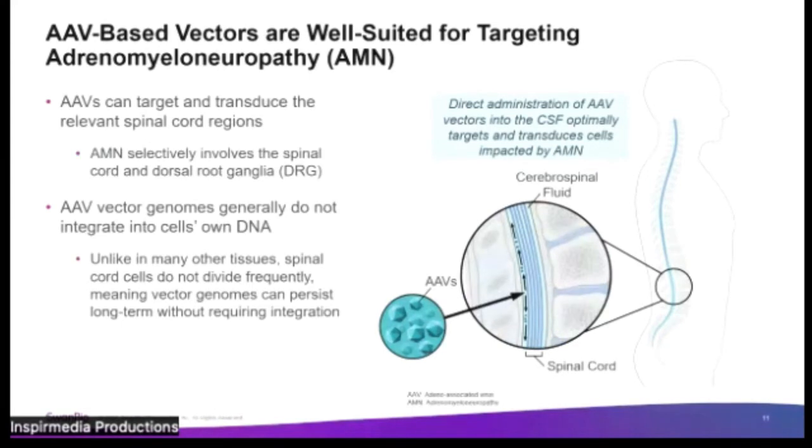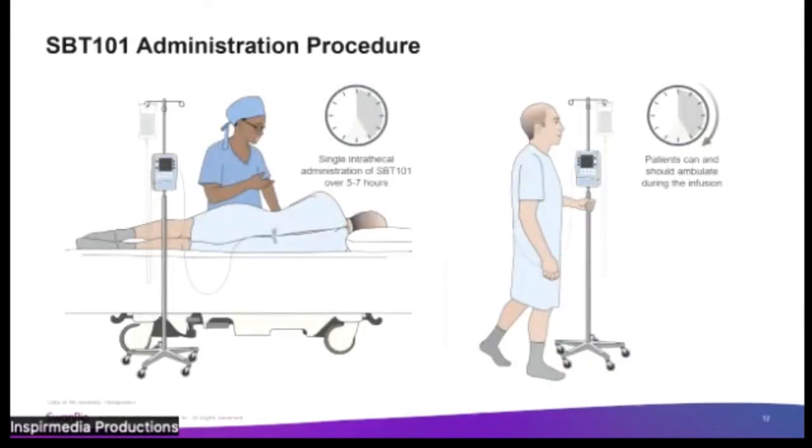And last but not least, it's easy to access the spine directly. So we're pretty confident that we can get the vector to the cells that need it. And that's through the intrathecal injection. So this is like a lumbar puncture. The doctor would insert a small needle into the spine where they can infuse something directly into the fluid that's around your spine.